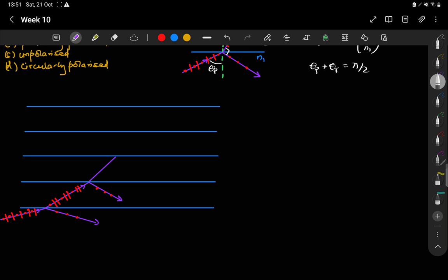My diagram is looking a little bit not so nice, but you kind of forgive me for my drawing skills.